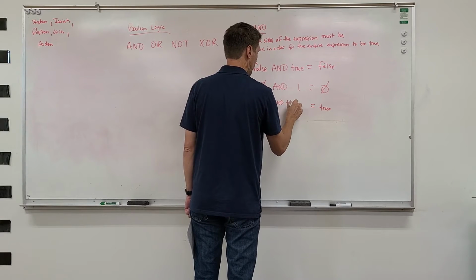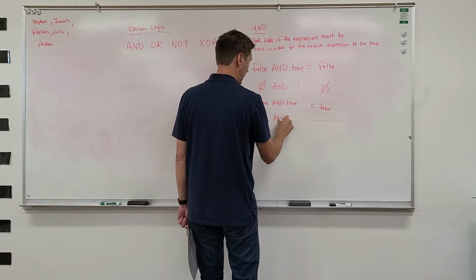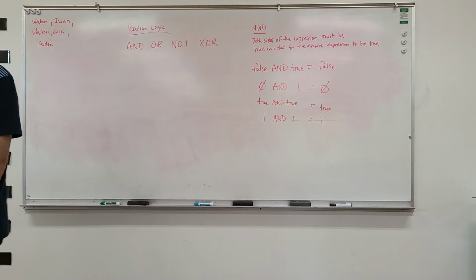Both sides of the expression have to be true. Or with ones and zeros, 1 and 1 is the only thing that will equal 1 when I'm working with the AND operator. Does that make sense? Yes? So false is 0 and true is 1, right? That's right. Yep.